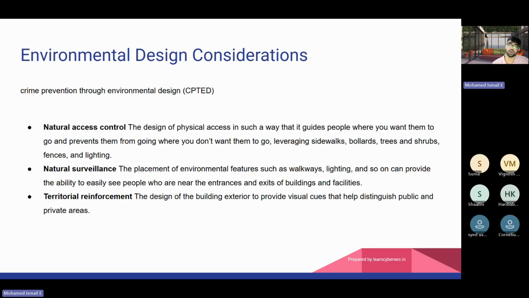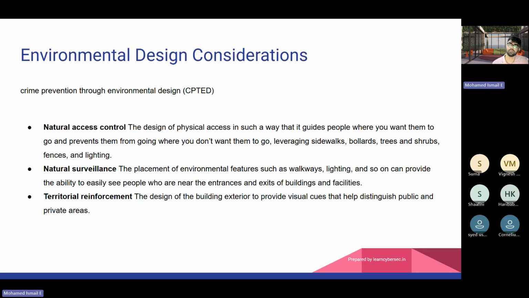So that's what we are talking about here with IT buildings. When you design IT buildings, consider how people are entering and exiting the office premises, where you need to install more lighting, and where you install an overhead ceiling to protect employees from the rain, or a drop point or pickup point for your employees.